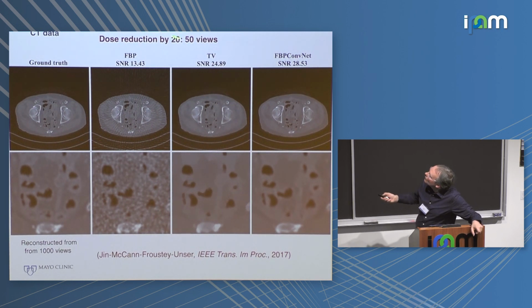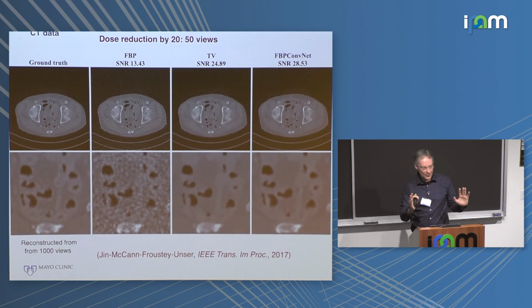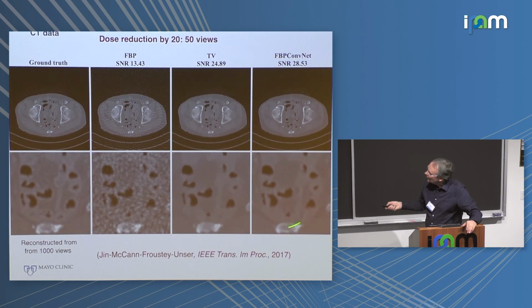So here, if we have a reduction by 20, you see that the neural network reconstructs much better. But you have to be careful. Okay, so it may sometimes forget little things. So there's also some controversy going around the use of neural networks for image reconstruction, and so there are also adversarial things.